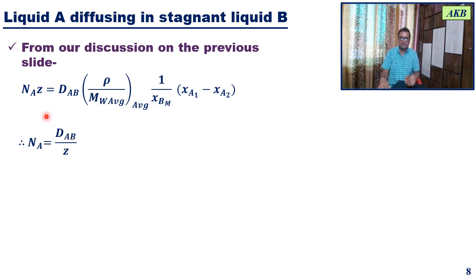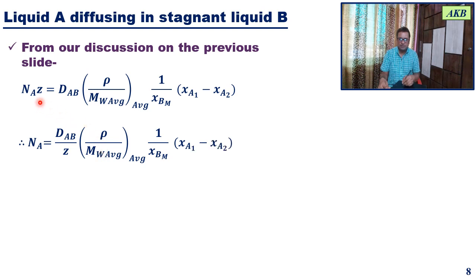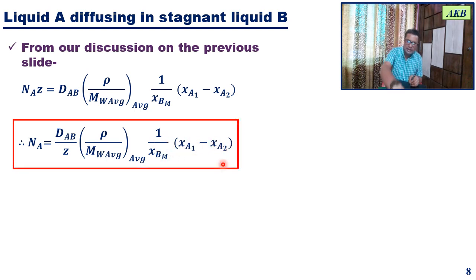And in the next step, I'm taking Z from the left hand side to the right hand side. So it will be Na is equal to DAB upon Z, rho upon MW average, 1 upon xbm, xa1 minus xa2, and that is the final equation that we wanted.